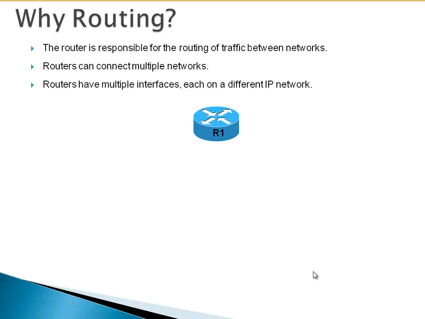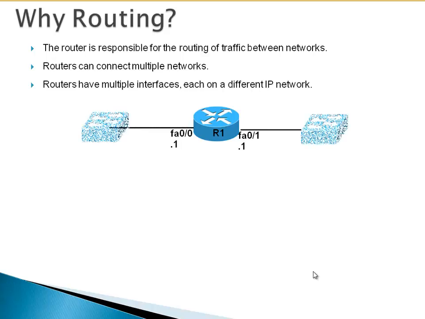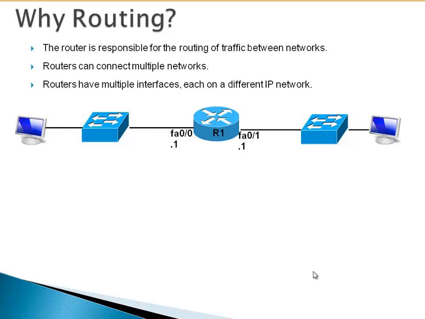So here I have an example router, R1. R1 has two interfaces, FA0/0 and on the right FA0/1. Both are connected to two networks. The left network, FA0/0, is connected to the network 172.16.3.0/24, and we are using the first IP address of that network to give it to R1.